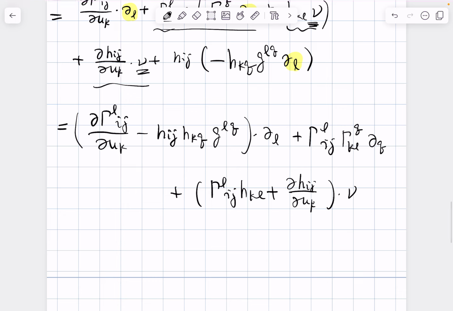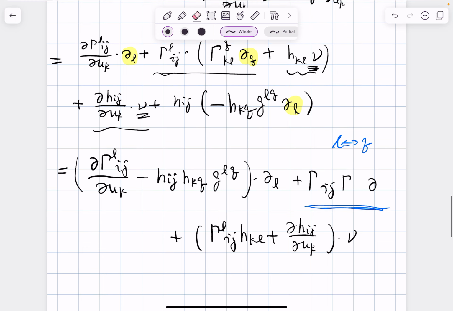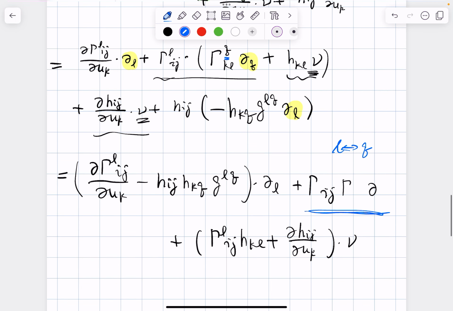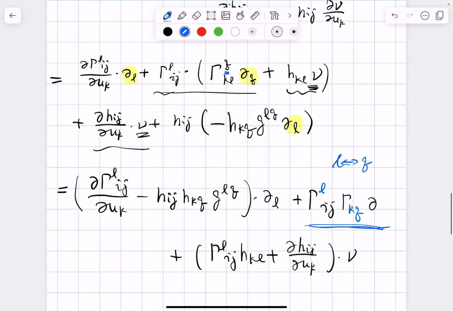Now, because this part has both l and q as dummy variables, we take a summation, and we can exchange l and q because they are all dummy.